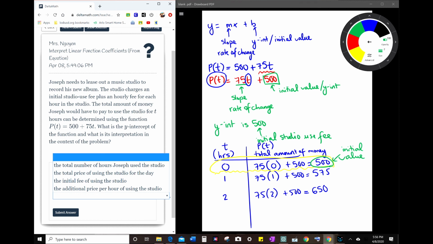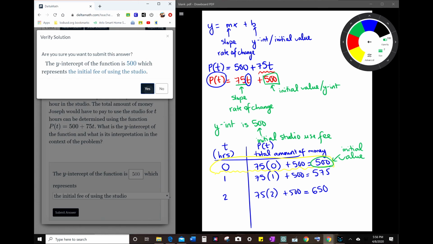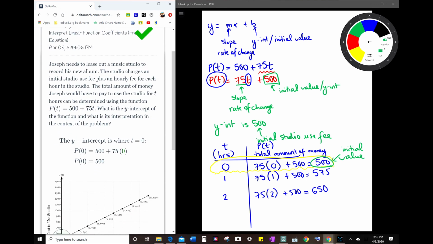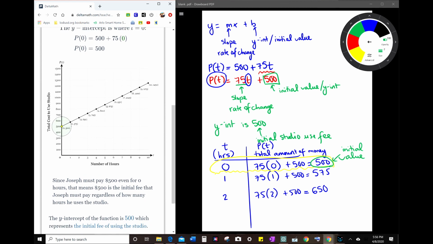The initial fee of using the studio, yes, that's the initial fee, but we still check the last one to make sure. And last one, the additional price per hour, that's the rate of change. And initial value, or the y-intercept, is not the rate of change. So number 3, initial fee, submit answer. Okay. At the same time, we can use the graph right here to explain.